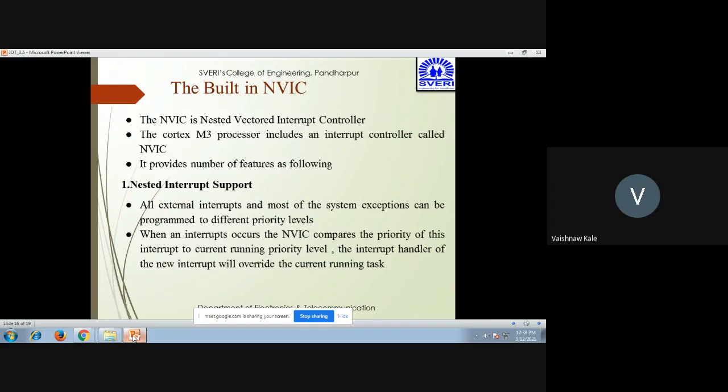That is, when an interrupt occurs, the NVIC compares the priority of this interrupt to the current running one, and decides which interrupt is to be handled first. The interrupt handler of a new interrupt will override the current running task if its priority is higher. देखो जो नया इंटरप्ट आ रहा है उसकी प्रायोरिटी रनिंग वाले से ज्यादा रहेगी, इसीलिए वो उसको रिप्लेस कर देगा.